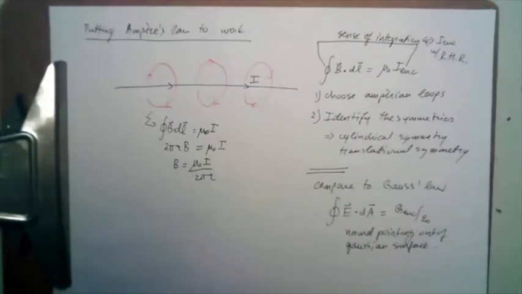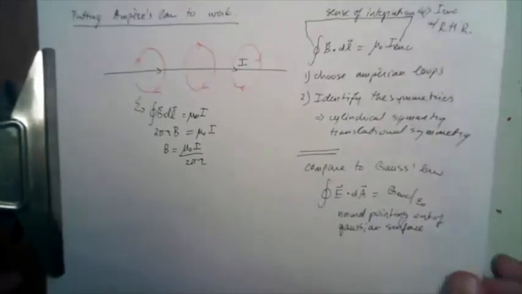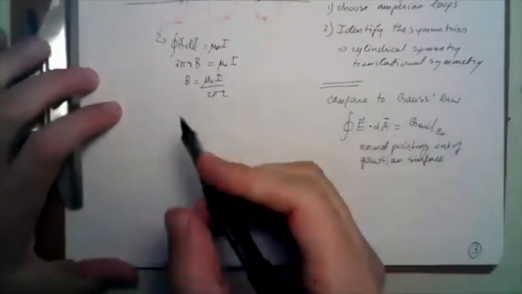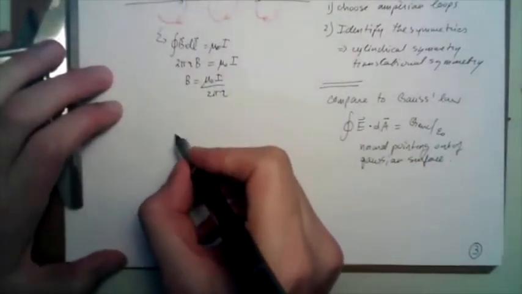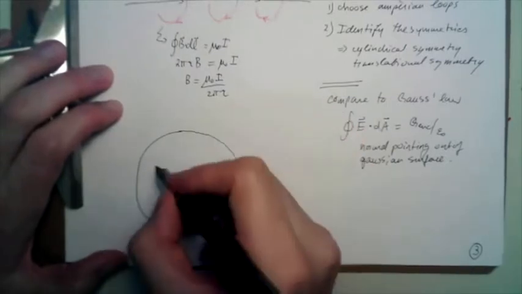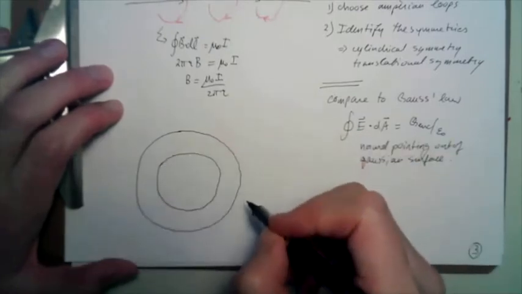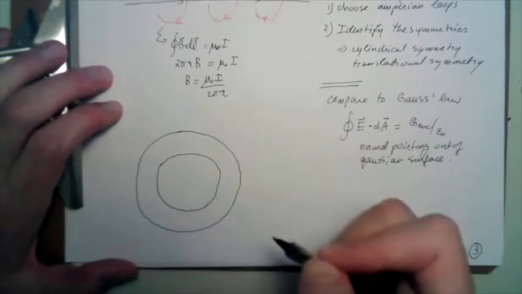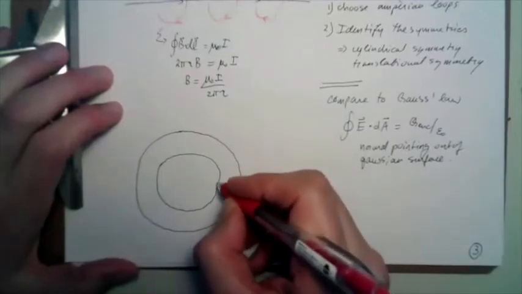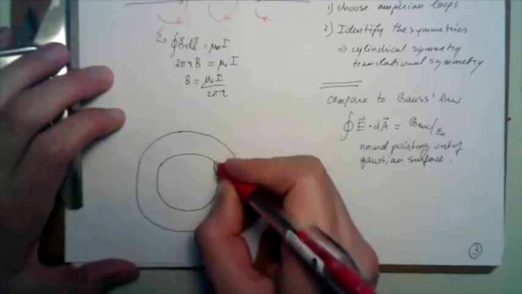Next up, the magnetic field of a donut. All right. So I have to now draw a donut, also known as a torus. Drawing it like this, there you go. There's a hole, and there's a current carrying wire that goes around.